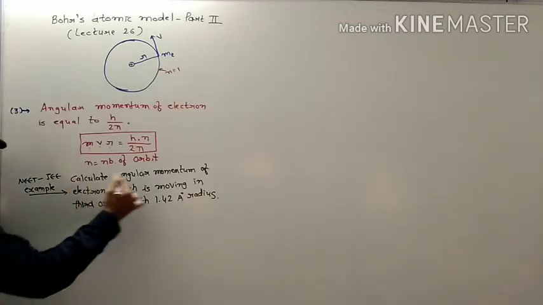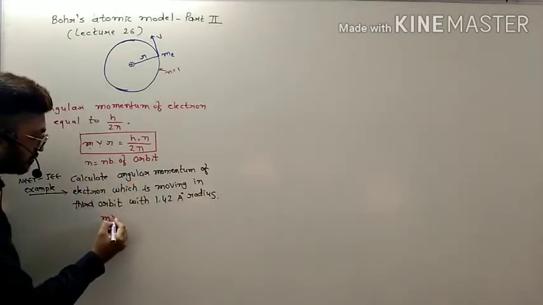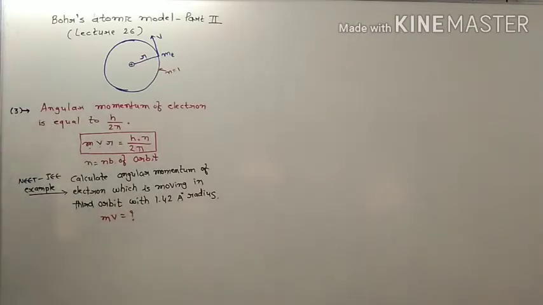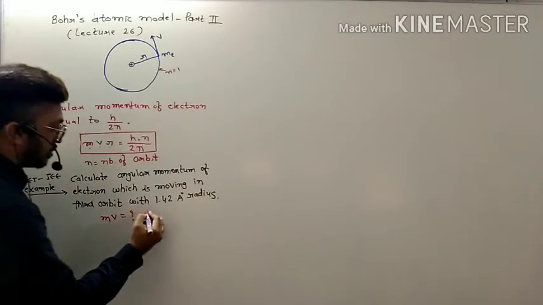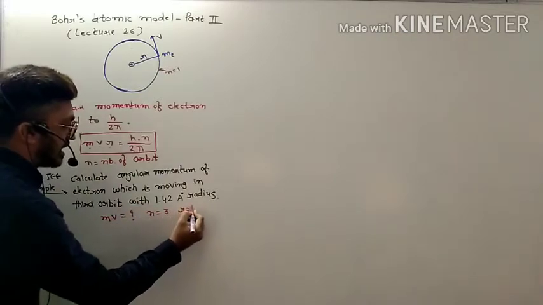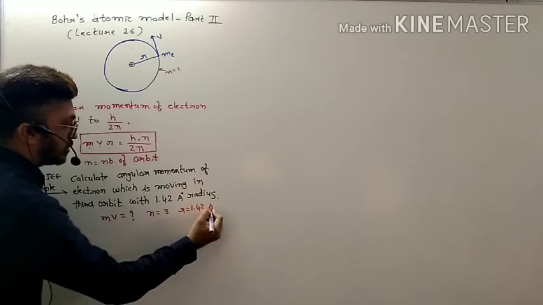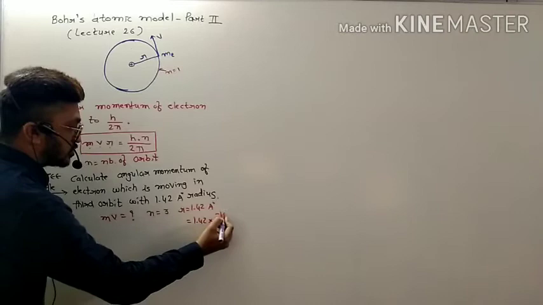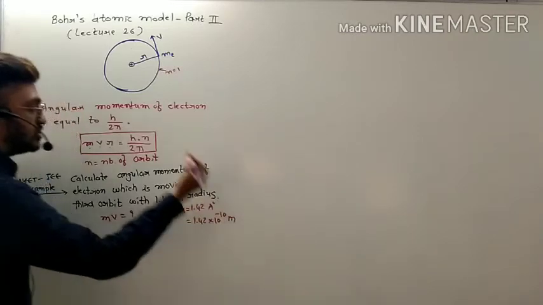If we have to find angular momentum, that means we have to find m into v. First of all, we will put the data sheet. Third orbit means n is equal to 3 and radius r is equal to 1.42 angstrom, that means 1.42 into 10 raised to minus 10 meter.